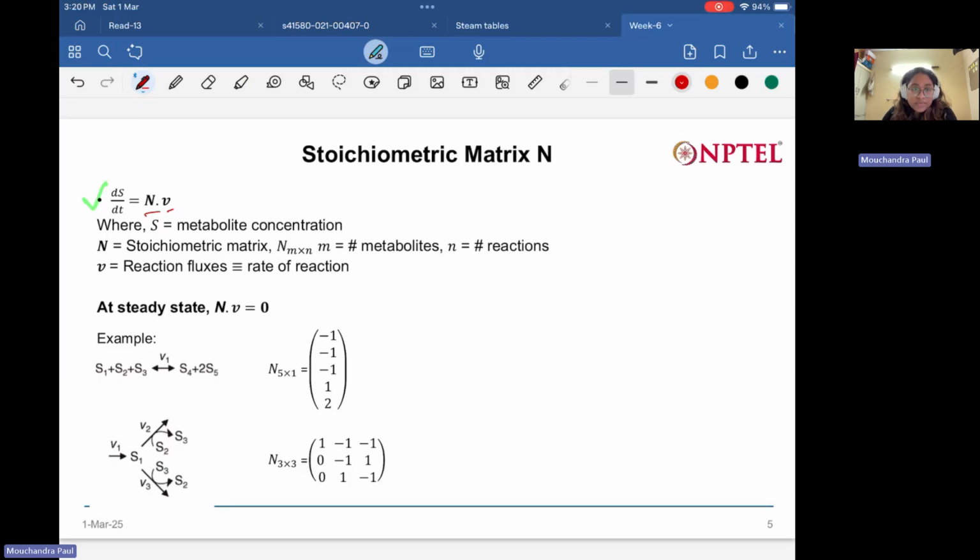So at steady state, dS/dt becomes 0, so N dot v is 0.